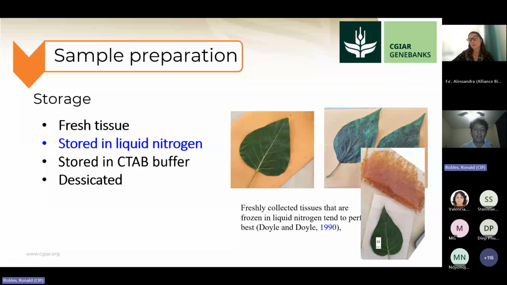The next consideration is the storage. Suppose that we find and choose the right tissue and start our collection. Now we have to have a plan to establish a methodology on how we will store the tissue that we collect.